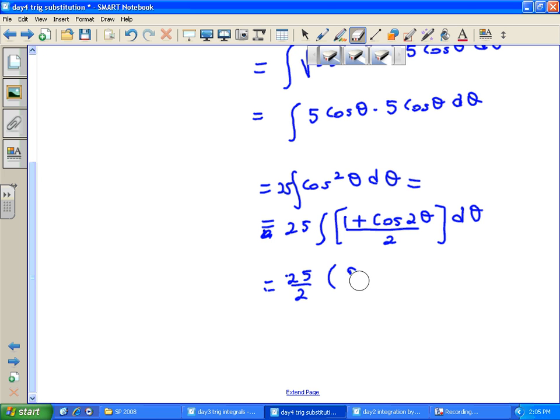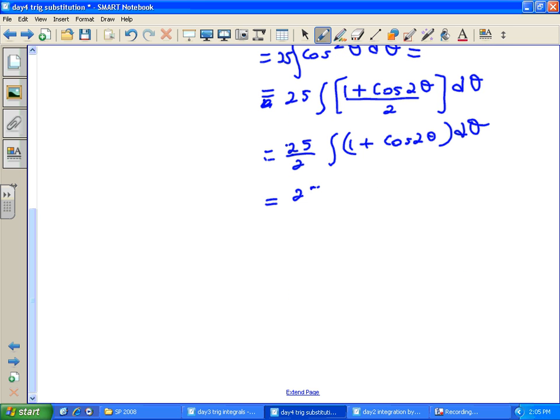Let me put this in 2 steps so that when you're looking back, first of all, we factored out a 2, so we're left with this integral. Now we're integrating it. That gives me theta plus sine 2 theta over 2.